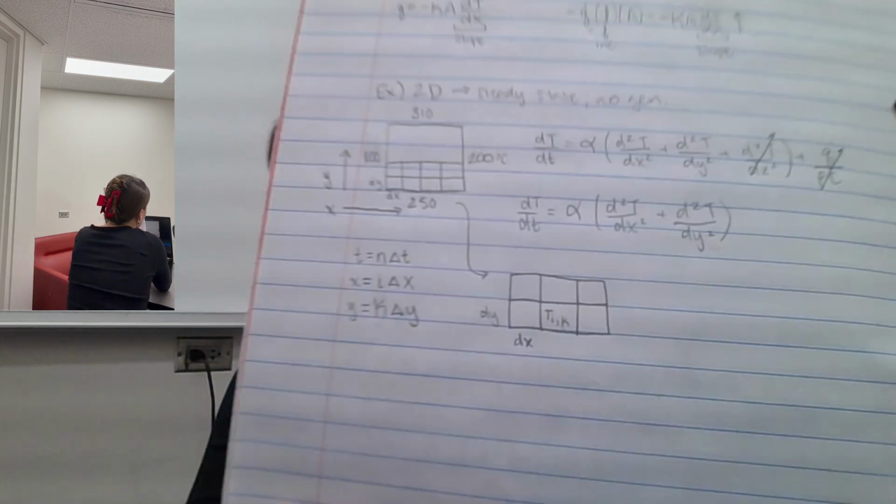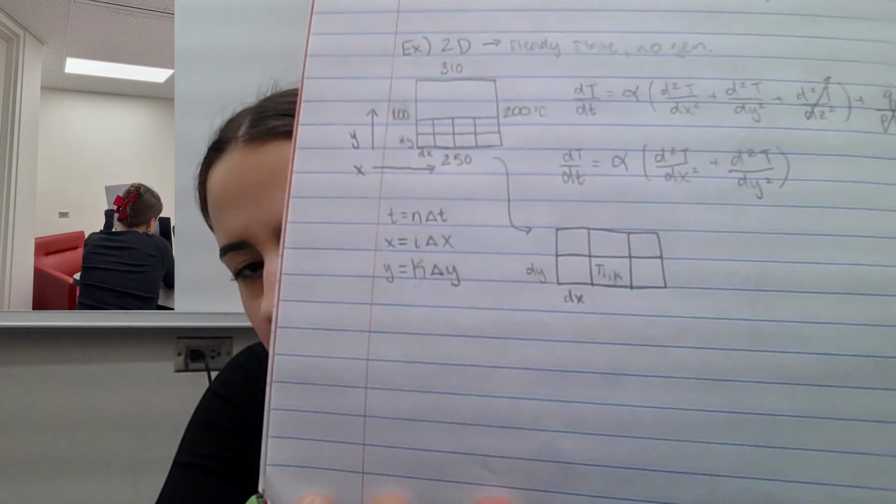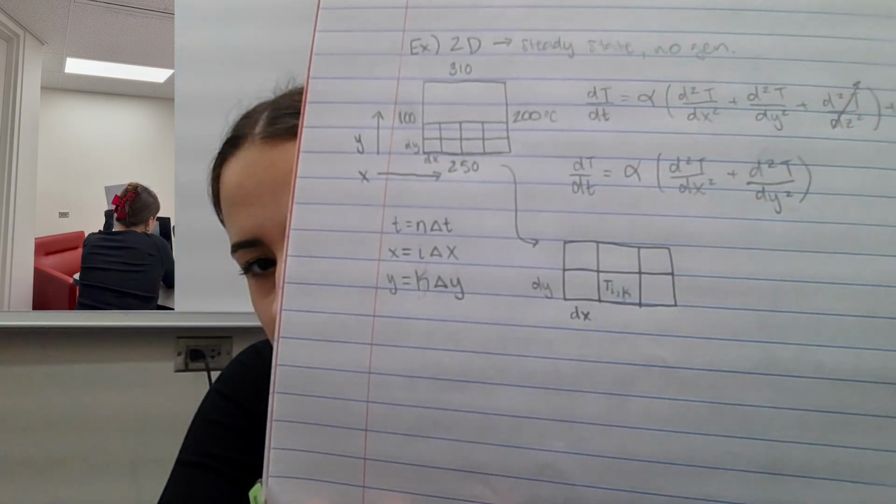We're going to be looking at the temperature at i. I'm going to keep our counter for y as k. So when we're looking at this temperature here, we're just setting it as our i, k position.